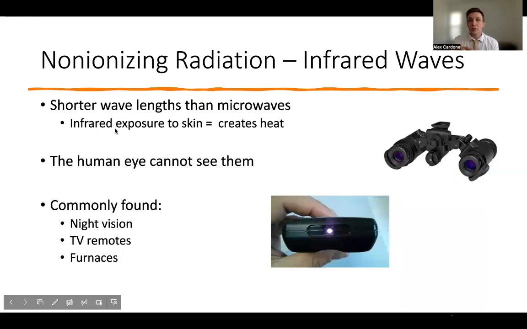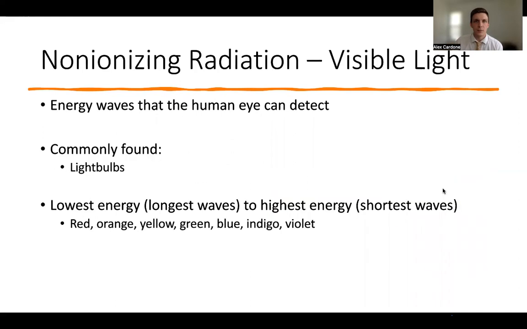Another big thing is that the human eye cannot detect or see infrared waves. We can see other waves, as we'll talk about next time, but we can't perceive infrared or any of the longer wavelengths. This is commonly found in night vision goggles and TV remotes, and even furnaces give off infrared waves.